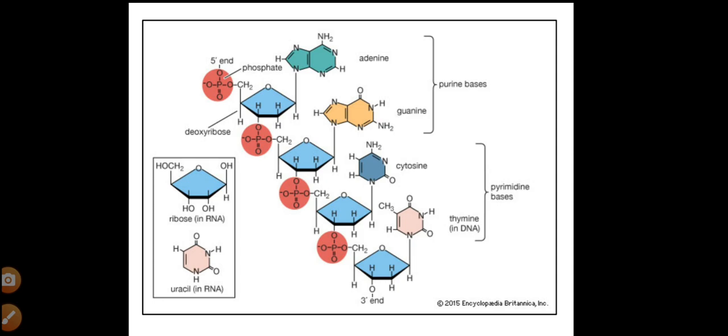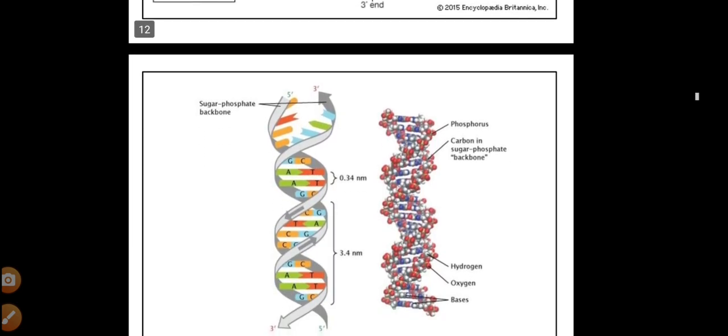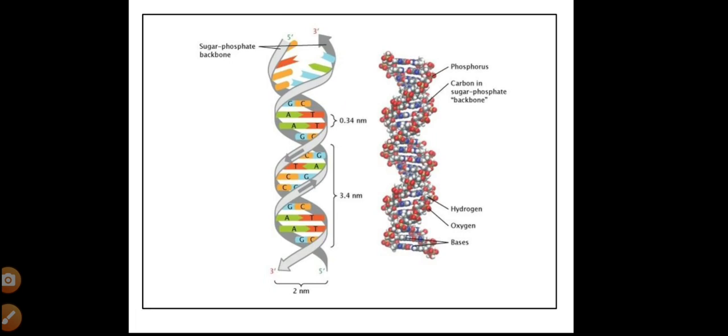Let's come to the Watson and Crick model. This is the Watson and Crick model of DNA. Depending upon the X-ray diffraction, the Chargaff rule, and the physical, chemical and biological properties of DNA, Watson and Crick proposed the double helical structure, in which DNA is composed of two helical strands.